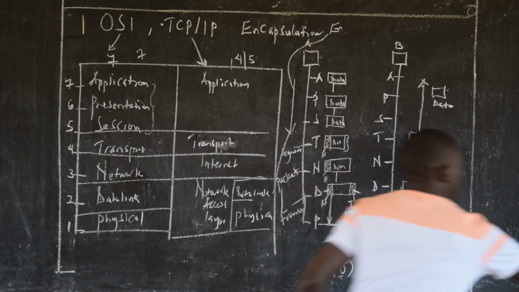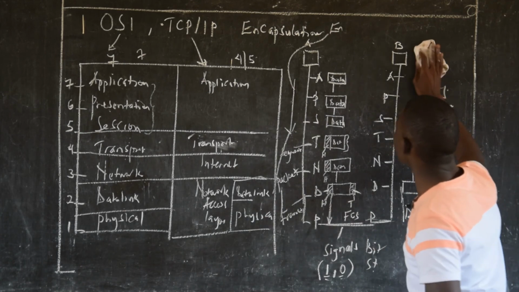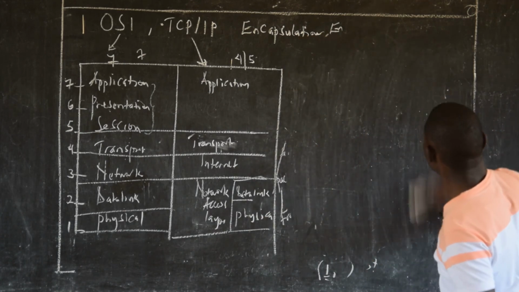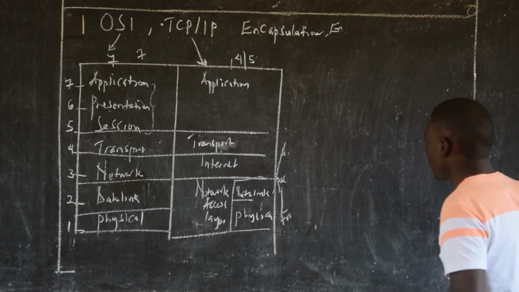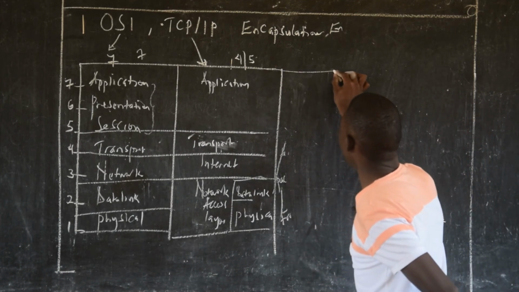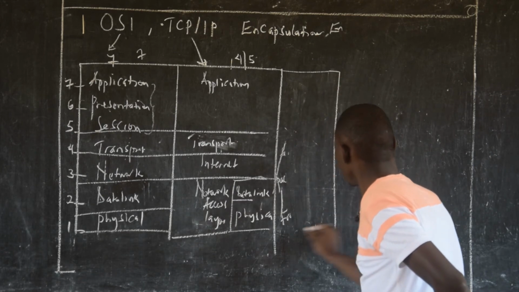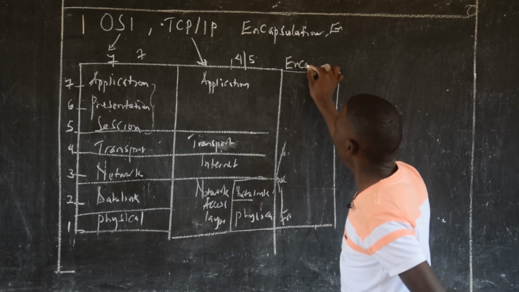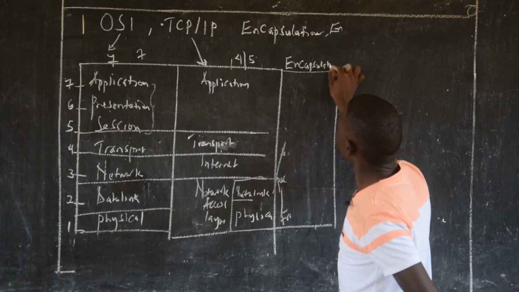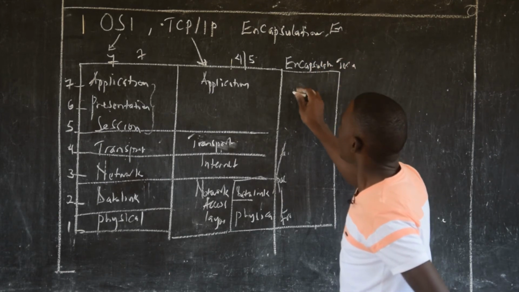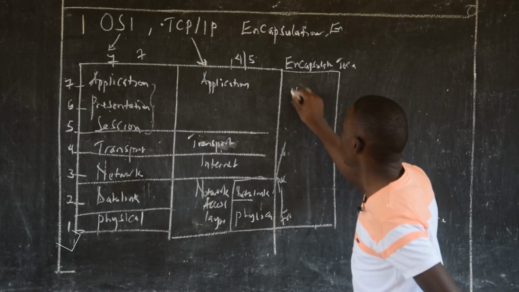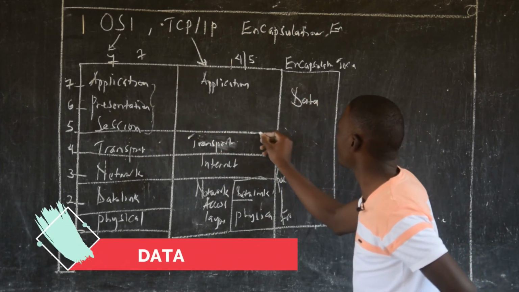So in the meantime, if I'm to summarize this in the form of a table, we shall be having here our encapsulation term. Remember we say that it moves from this layer as data. So the whole of this is going to be represented as data.